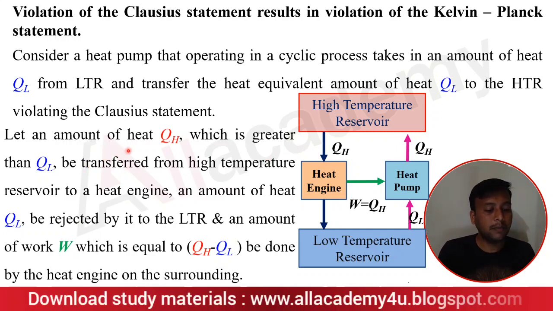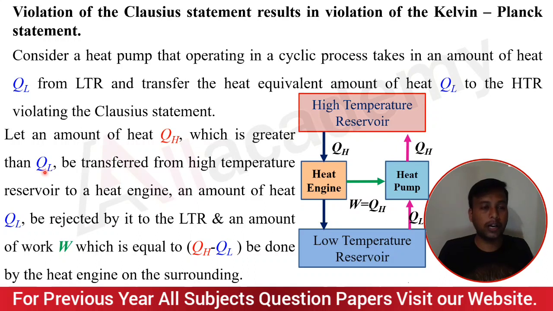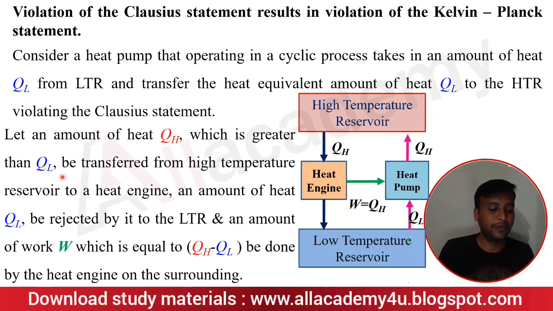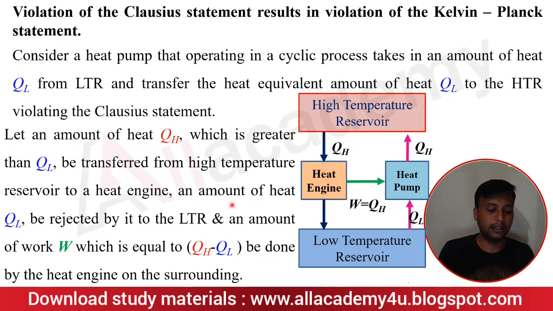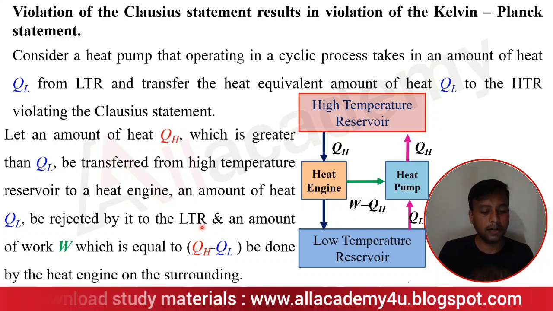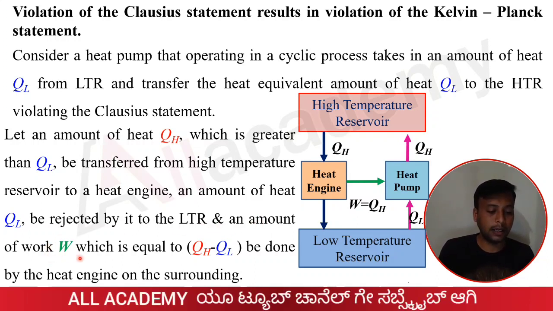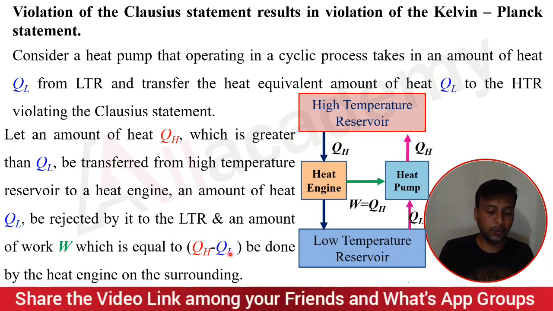Now let an amount of heat QH, which is greater than QL, be transferred from a high temperature reservoir to a heat engine. An amount of heat QL is rejected to the LTR, the low temperature reservoir, and the amount of work W is equal to QH minus QL.